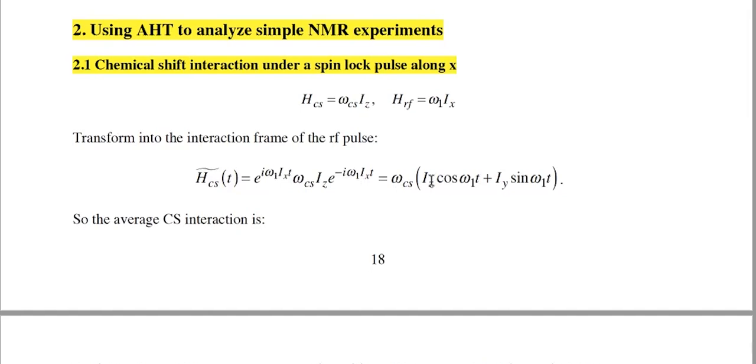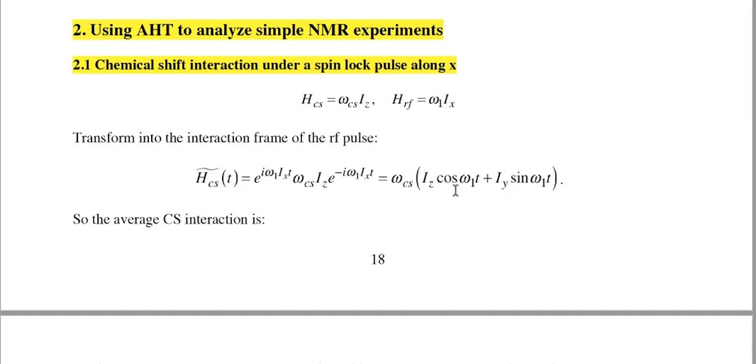That's the spin operator that's going to pick up a cosine modulation. And then the commutator of IZ and IX is going to give me IY. You have to be careful to get the sign correct, but otherwise the fact that it's IY is unambiguous, and there's no imaginary anything. That term is going to pick up the sine oscillation, the sine series. And the frequency of these oscillations, as you could imagine, is going to be omega 1. It's how strong your spin lock field is.